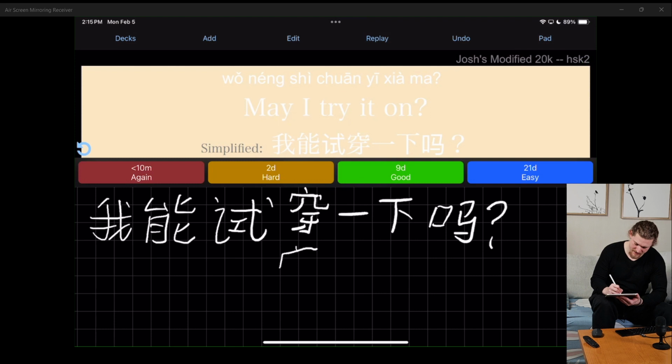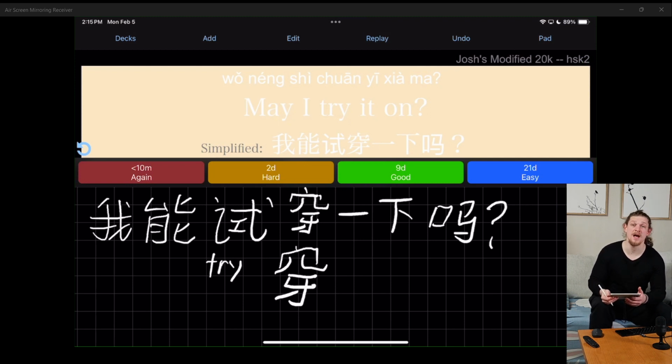So we have shi. This is chuan. So, shi means to try. Shi yi shi would be to try something.